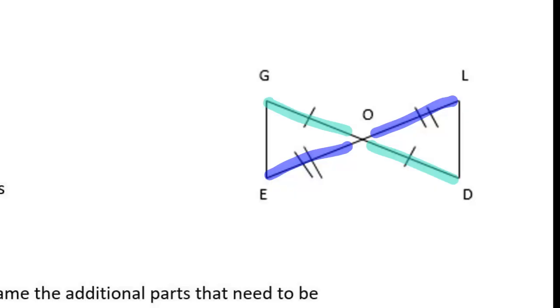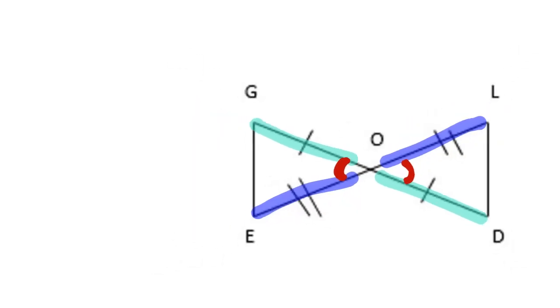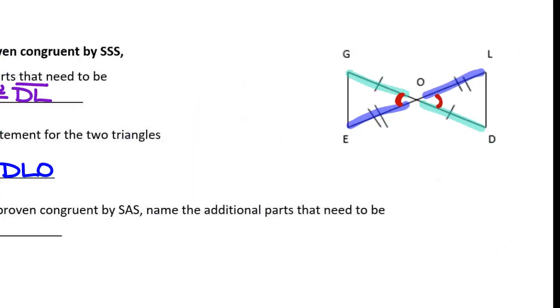By side, angle, side, I need the angle that is in between those 2 sides, or the angle where those 2 sides meet. What are those angle names? Angle GOE and angle DOL. Yes, angle GOE, this angle right here, and angle DOL, this angle right here.